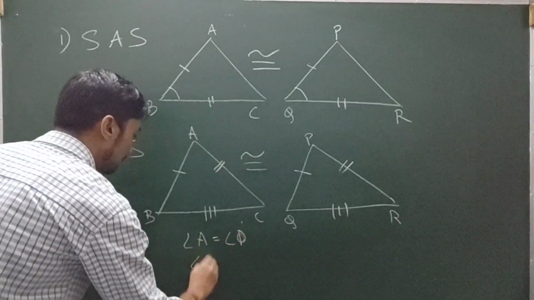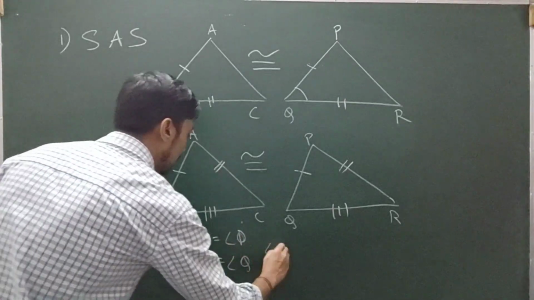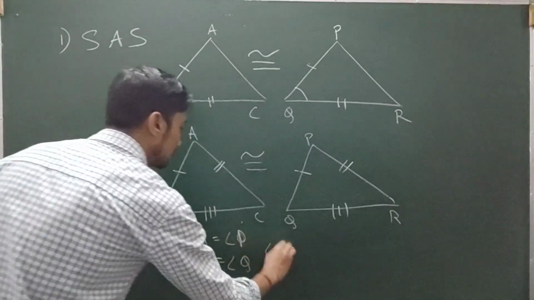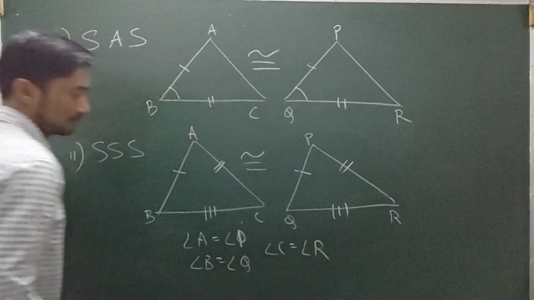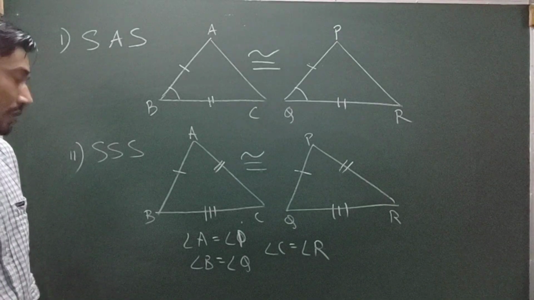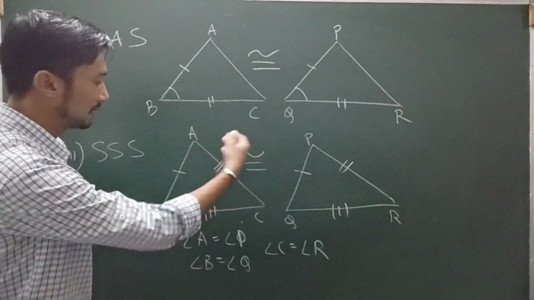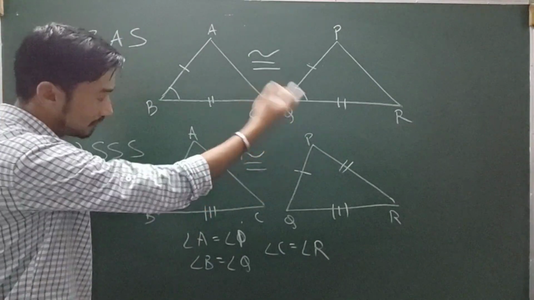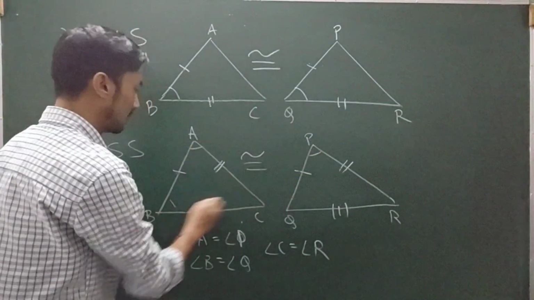You don't have to prove it. Angle P equal to angle Q, angle C equal to angle R. This happens automatically now. So if you can prove 3 sides are equal, then they are congruent. Once they are congruent, it also proves that their corresponding angles are equal.